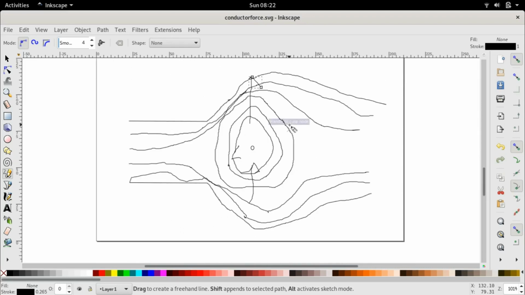So this law is extremely convenient whenever you want to find out what will be the force that is produced on a current carrying conductor. That's very important. It must carry a current, because only if it carries a current will it produce its own magnetic field, and this magnetic field interacts with the external magnetic field.